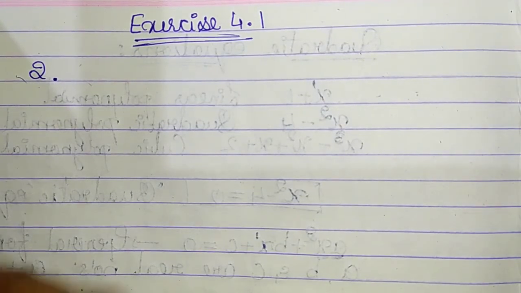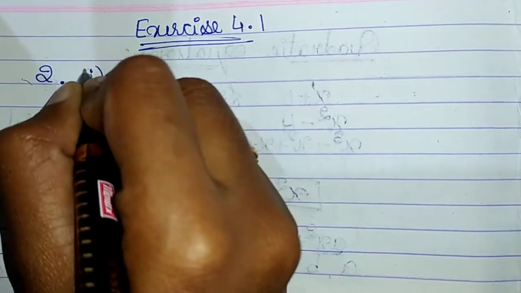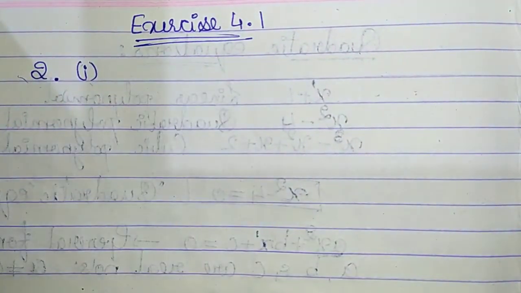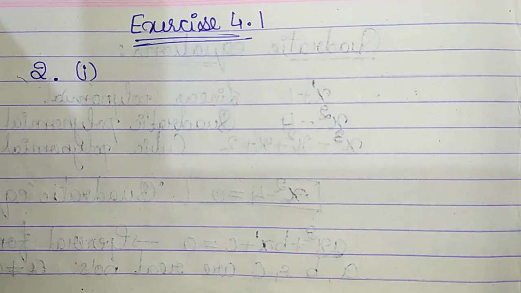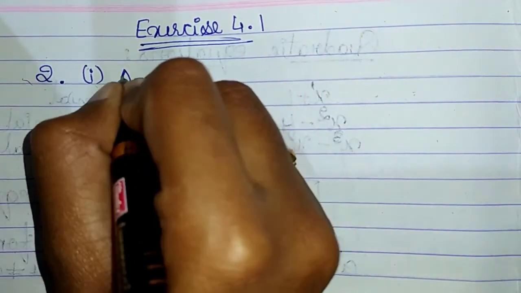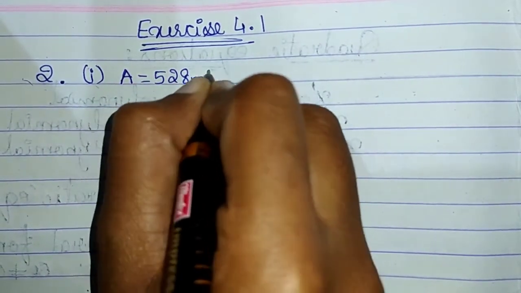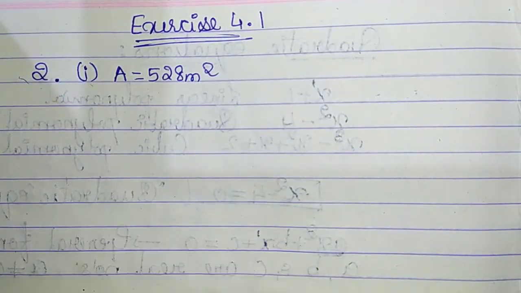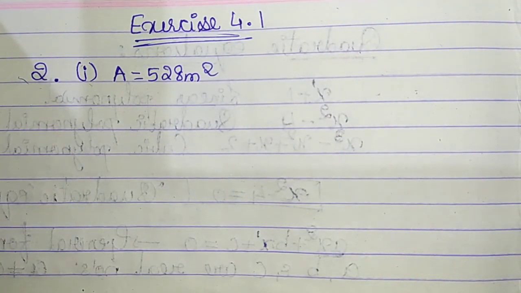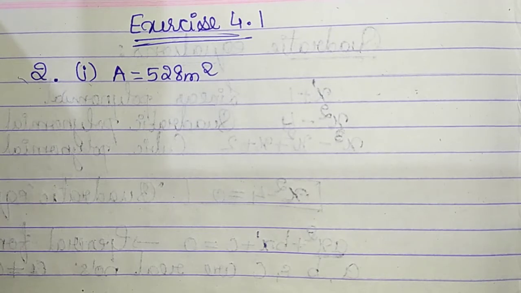So in the first question of the second main, the question says the area of a rectangular plot is 528 meters square. So area is equal to 528 m^2. This is given. The length and breadth both are in meters, the dimensions are in meters.